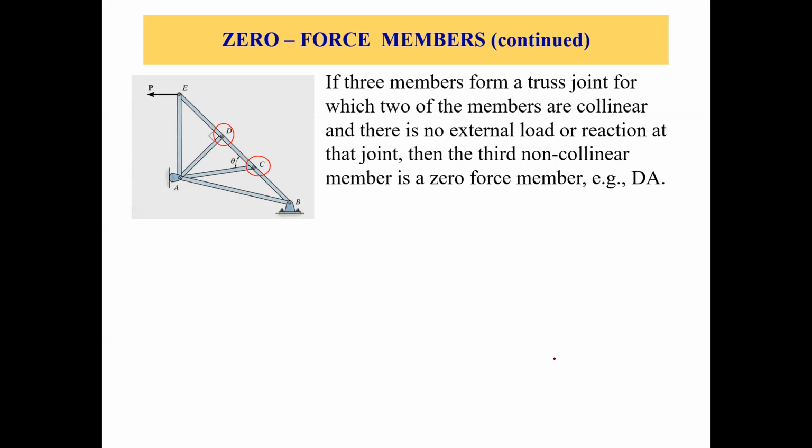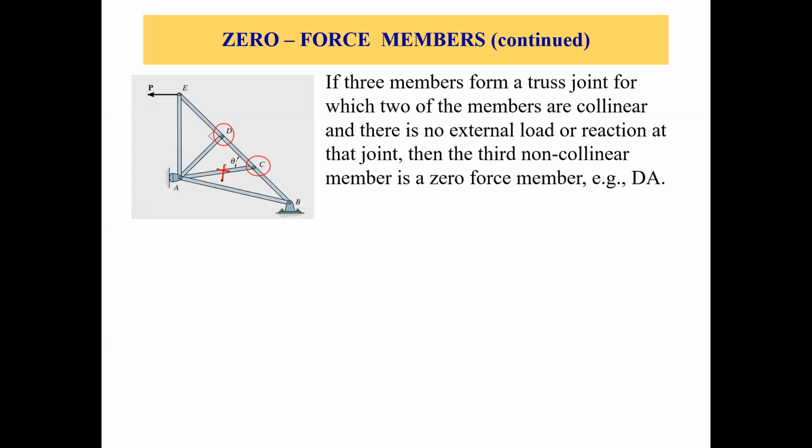Two of the members, CB and CD, are collinear, and the third member, CA, is non-collinear. So member CA is a zero force member.